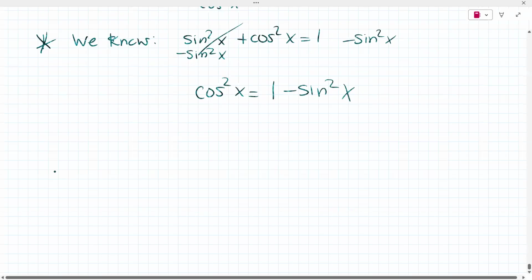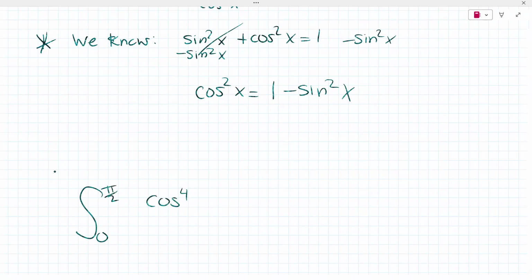So we can rewrite this problem as the integration from 0 to pi over 2 of cosine to the 4th of x all over cosine squared of x dx.